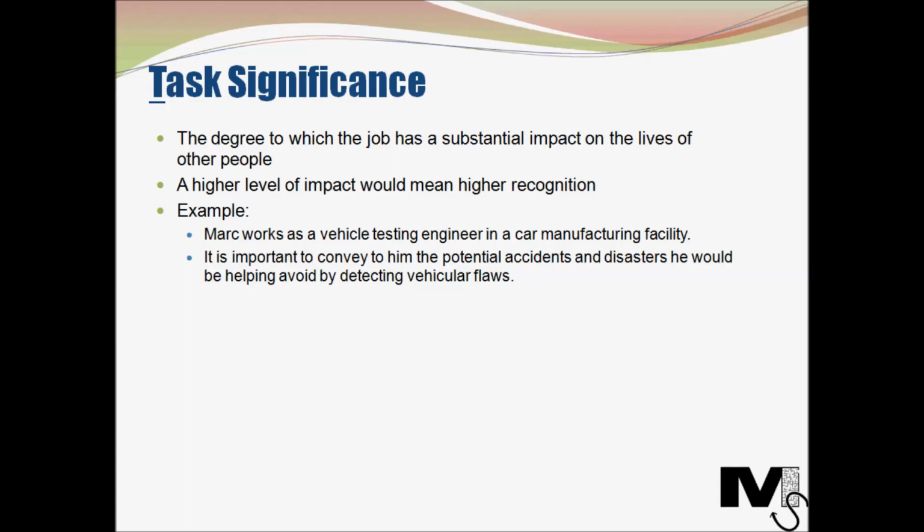They want to look at things outside of their own life sometimes and look at how they're impacting the lives of other people. A higher level of impact would mean higher recognition for the person completing the job and higher satisfaction. So ultimately, if the person thinks that he or she is having a higher impact on the world, on the lives of other people, then there is a high level of task satisfaction.